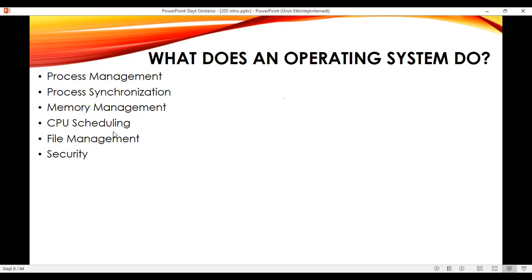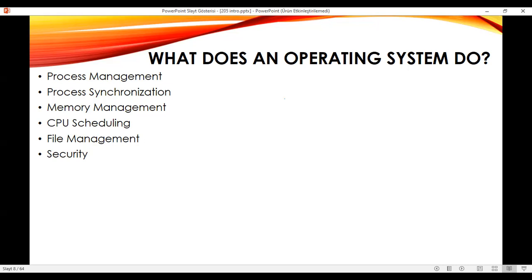CPU scheduling is also a function of the operating system, which is used to select the best process for the CPU.